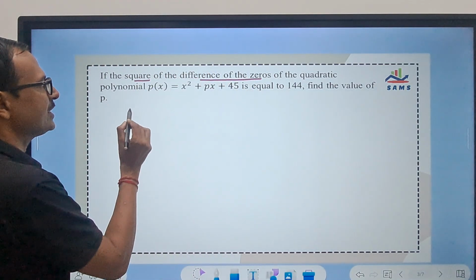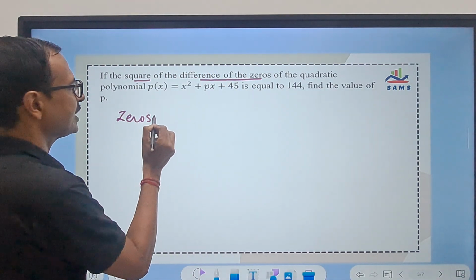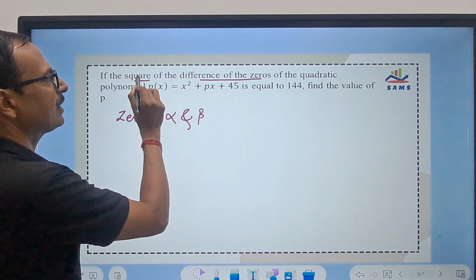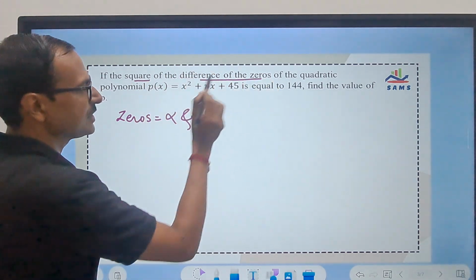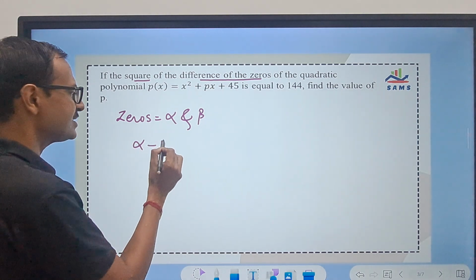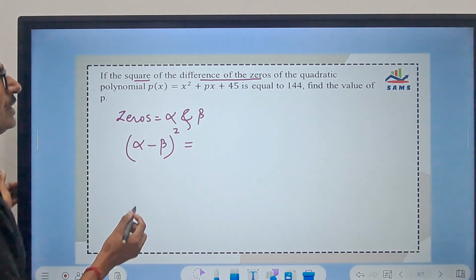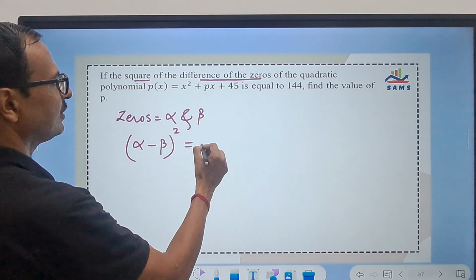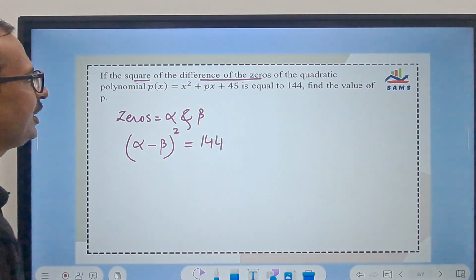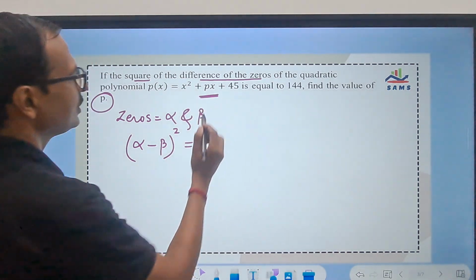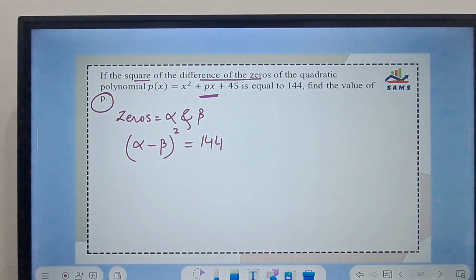Now, if you assume that the zeros are alpha and beta, what do you mean by square of the difference of zeros? Difference of zeros is this and the square is this. Now this is given in the question as 144, and we need to find the value of p because there is a p involved here, so we need to find the value of p.